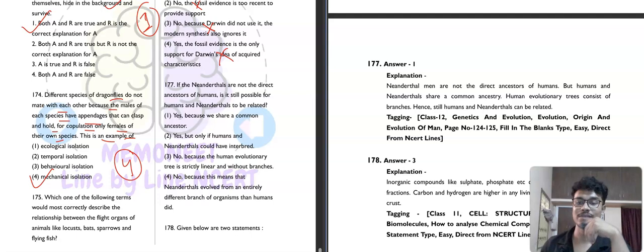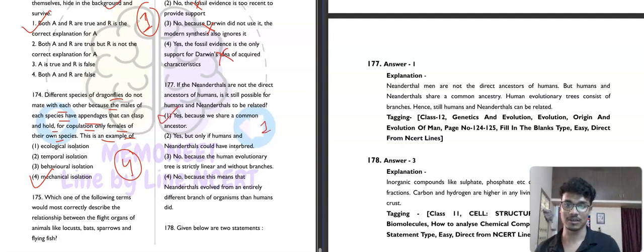No, because this means that Neanderthals evolved from an entirely different branch of organisms than humans did. So Neanderthal men are not the direct ancestors of humans, but humans and Neanderthals share a common ancestry. The human evolution tree consists of branches, hence still humans and Neanderthals can be related. So first option is our correct answer.